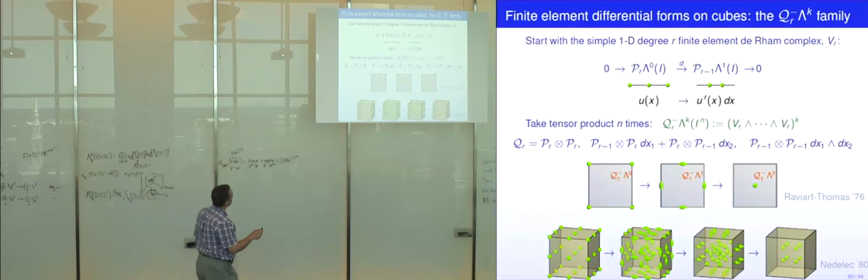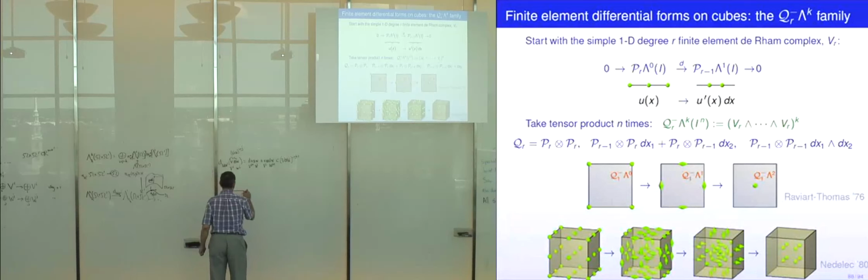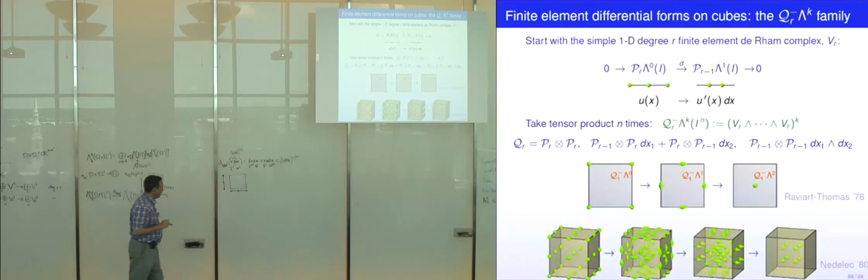Now, tensor product that with itself. So we have the interval, and we have that space on it, and we have another copy of the interval, and that space on it, and we're going to come up with a space on the square, the interval cross the interval.